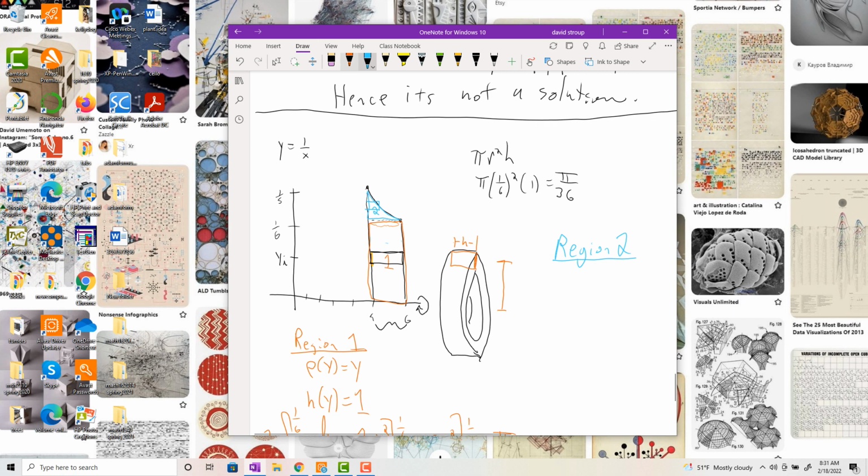The formula for the radius is still just going to be y sub i, for that particular rectangle located here on this picture. So again, we can say that rho of y is going to be y.